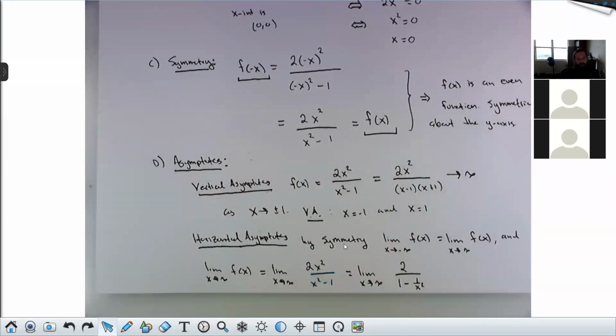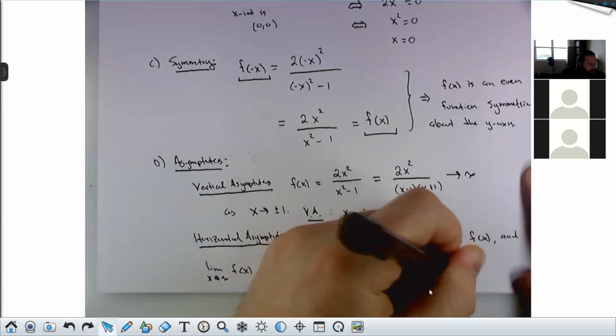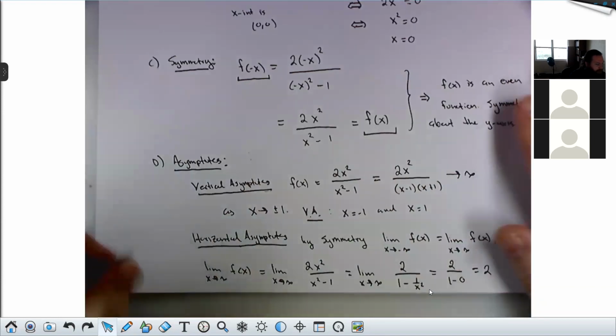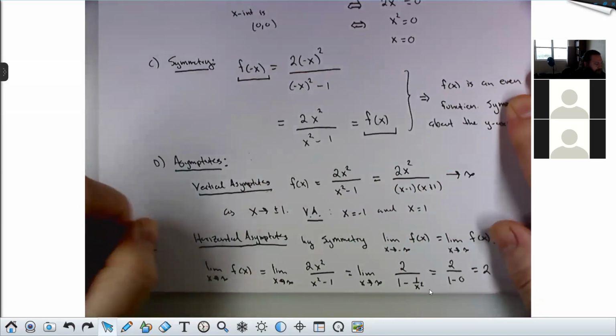I divide every single term by x squared. Now 1 over x squared is going to go to 0. So this is going to be 2 over 1 minus 0, or 2. So my horizontal asymptote is only one of them, and it's the line y equals 2.